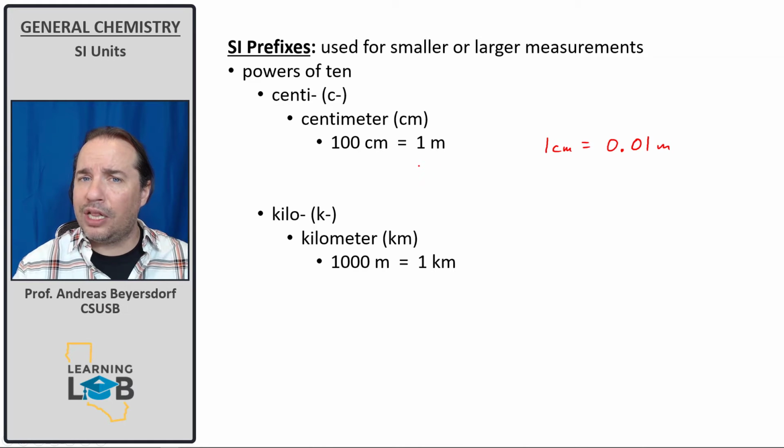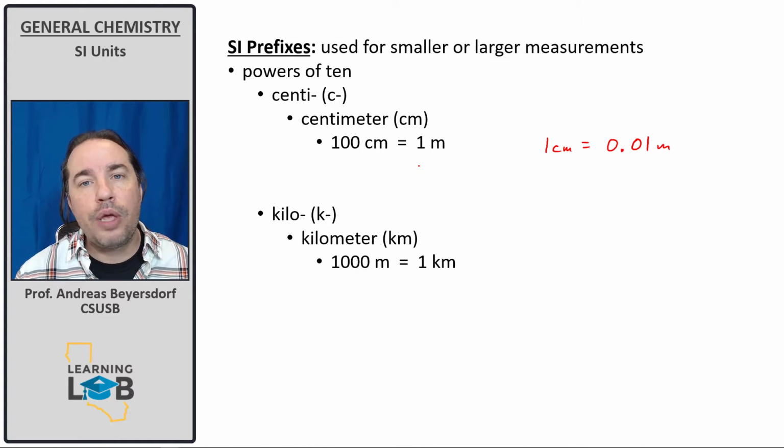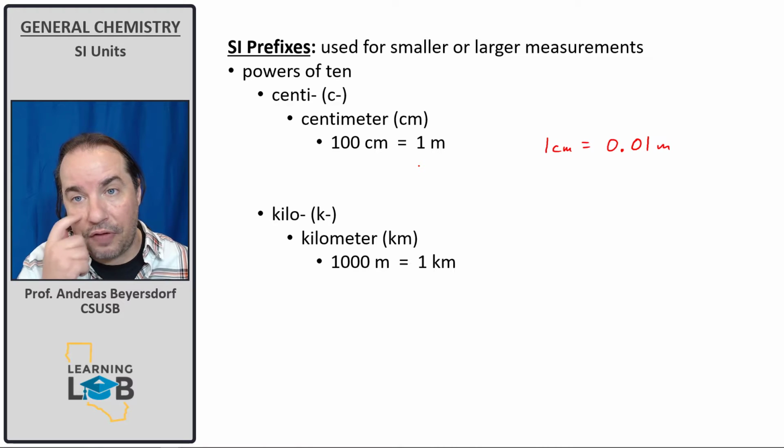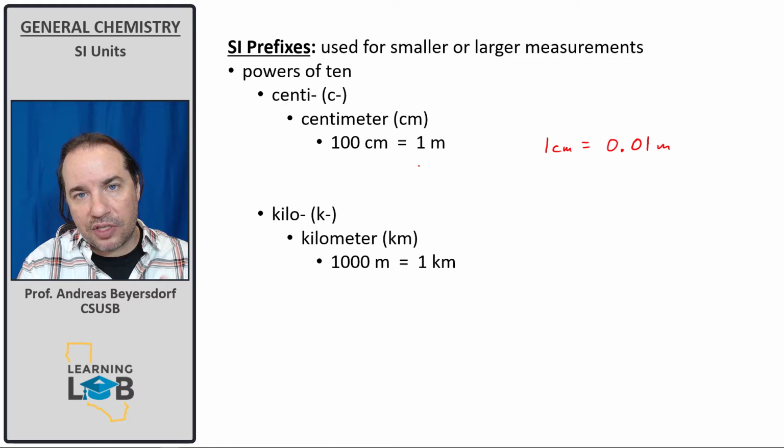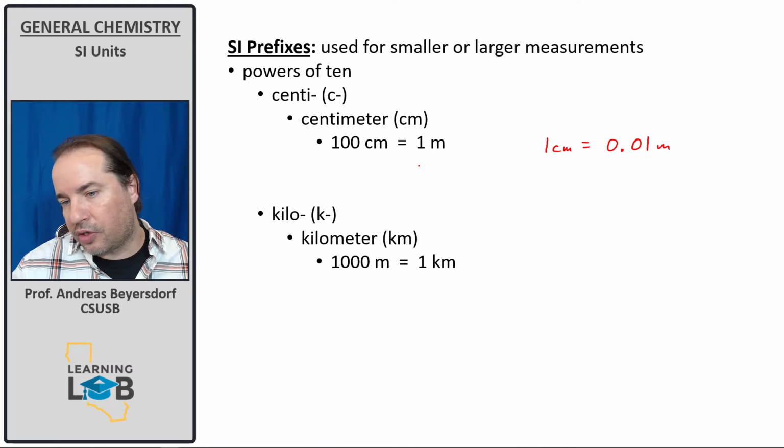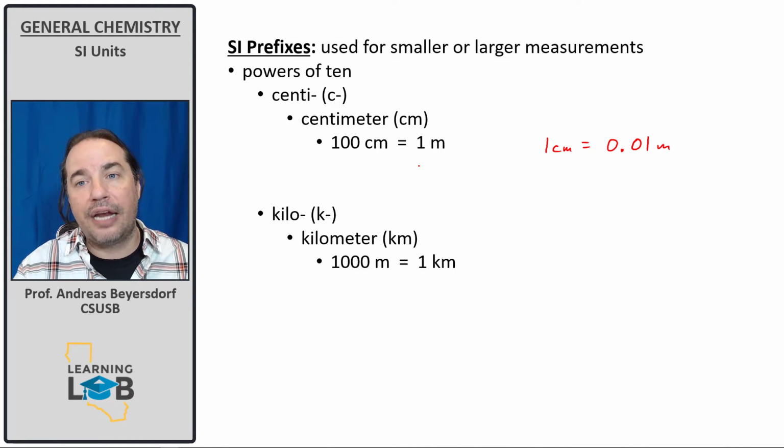And if we're talking about a really large distance or length, we may use kilometers, which has the prefix kilo, abbreviated as k. This is if we take 1,000 meters and we line those up next to each other, we get a kilometer.